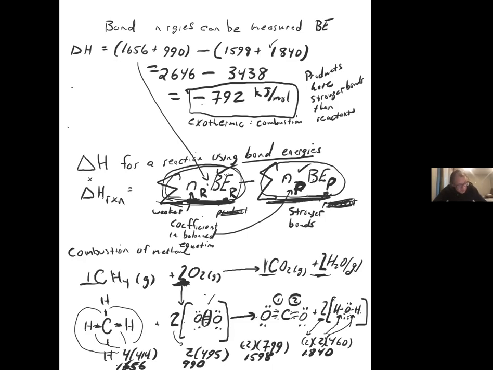But for the water, you've got to multiply by 2 twice, once for the number of OH bonds, and then once for the coefficient. Then you just add up the reactant numbers, add up the product numbers, and then take reactants minus products, and you're set. You've got your bond enthalpy change for the reaction. Okay? Any questions on that one?